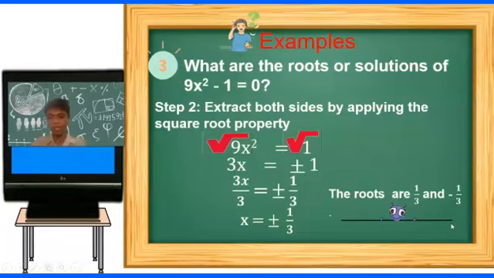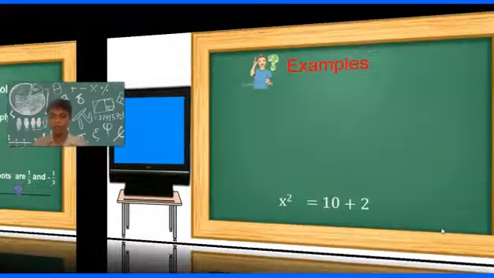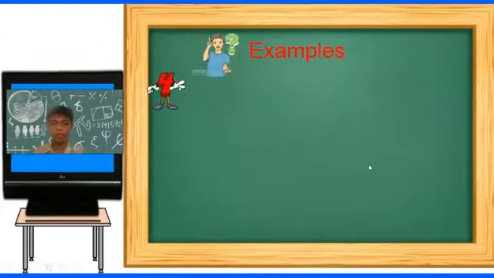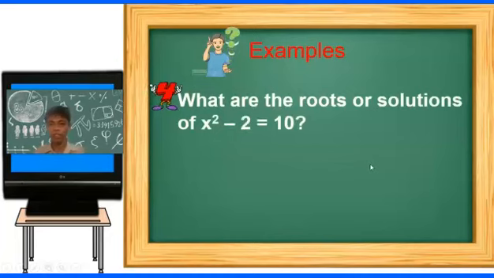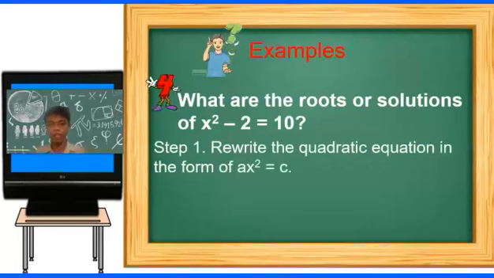Nakuha natin? Okay. Pwede natin balikan yung video lesson natin pag hindi natin naintindihan yung example. Okay. For example number 4, what are the roots or solutions of x squared minus 2 is equal to 10? So for step 1, rewrite the quadratic equation in the form of ax squared is equal to c.